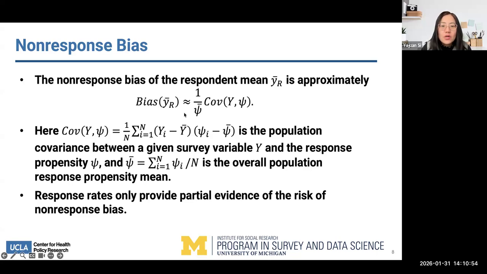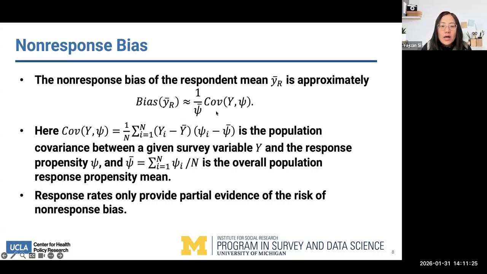In practice, researchers are often concerned about low response rates. If we have low response rates, we could have large non-response bias, but if the response propensity is independent of the outcome of interest, even with low response rates, we could still have unbiased estimates.